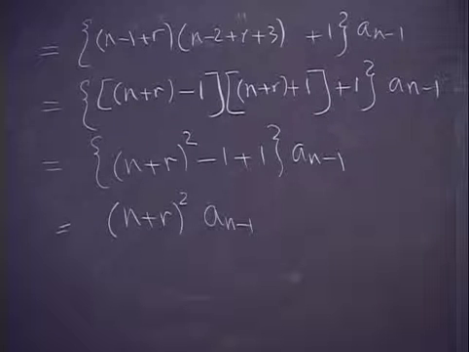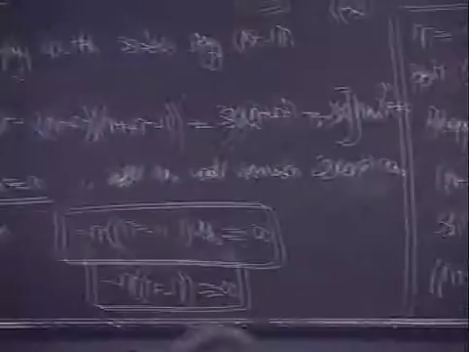So it's equal to (n minus 1 plus r) multiplied by (n minus 2 plus r) multiplied by a_(n minus 1), plus this term 3(n minus 1 plus r) a_(n minus 1), plus a_(n minus 1).